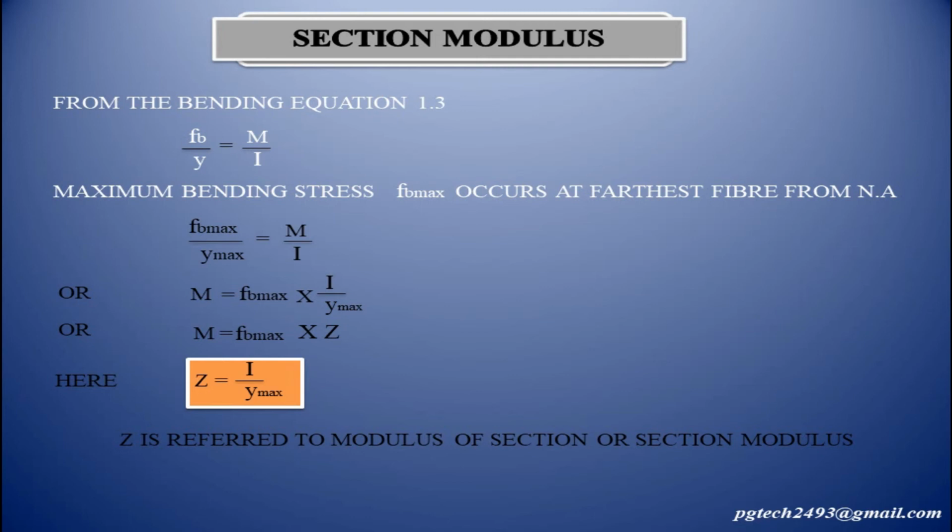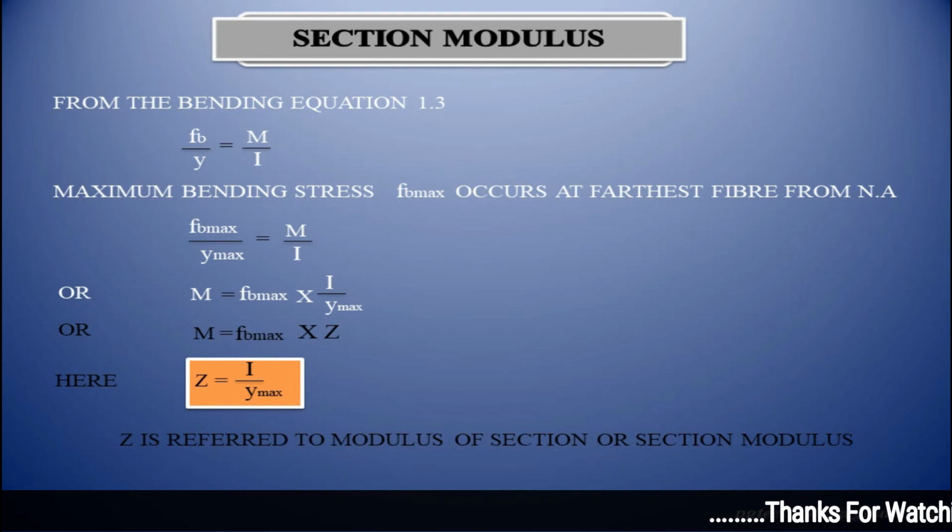So the equation becomes Fb max by Y max equals M by I. Or we can write this equation in the form M equals Fb max into I by Y max. Here I by Y max is replaced by Z.